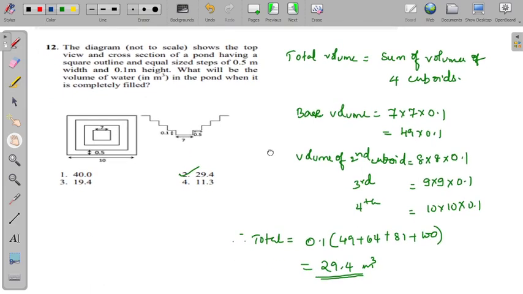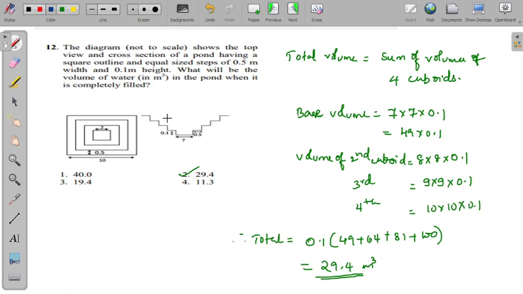Now, 12th question. The diagram, not to scale, shows the top view and cross section of a pond having square outline and equal size steps of 0.5 meter width and 0.1 meter height. What will be the volume of water in the pond when it is completely filled? So it is a pond which has totally 4 squares. The cross sectional view is also given, and the top view is also given.